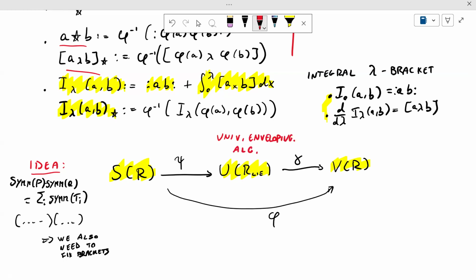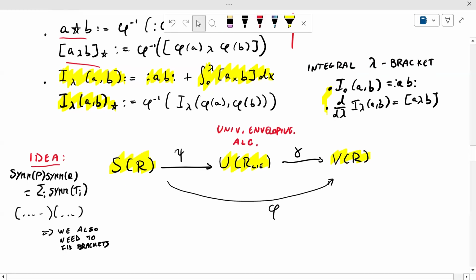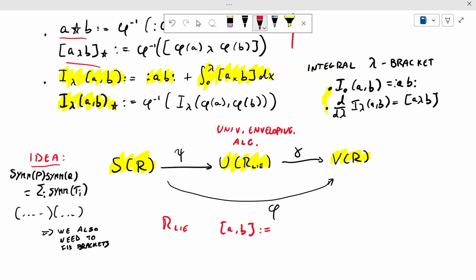An associative algebra, an actual universal enveloping algebra of an honest Lie algebra, that's this R Lie. As a vector space it is still R, and we just write on it this Lie bracket that makes it a Lie algebra.